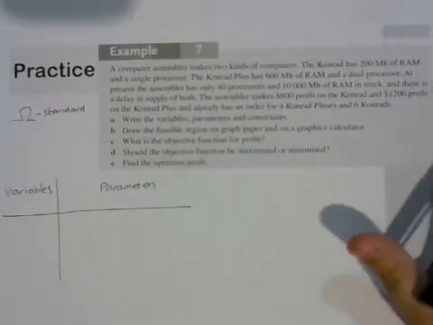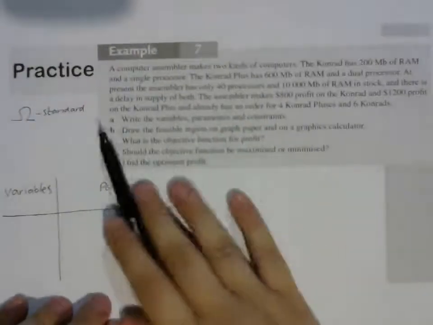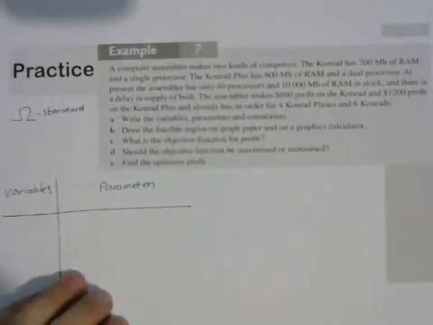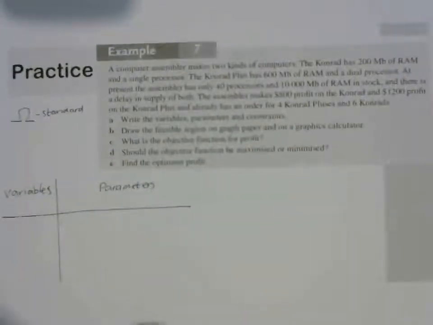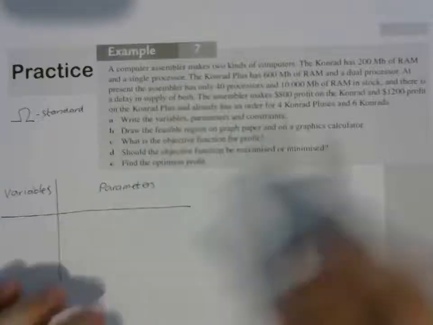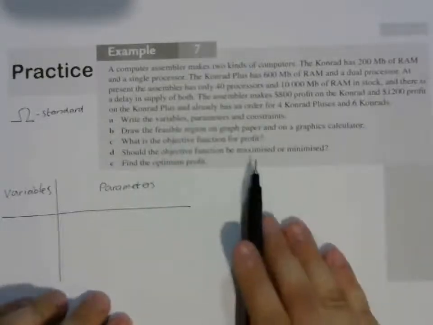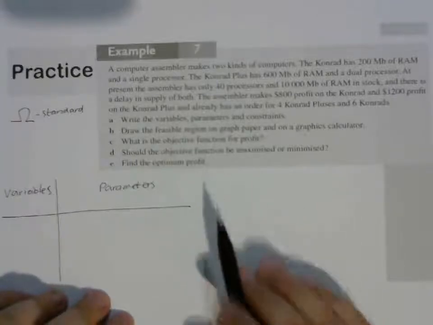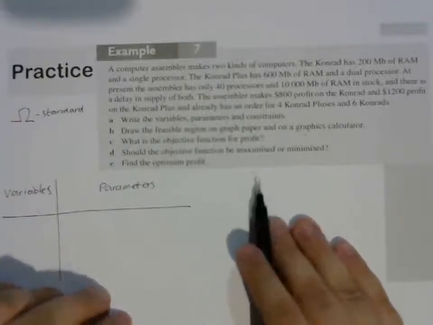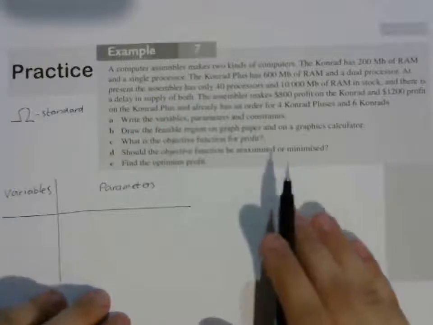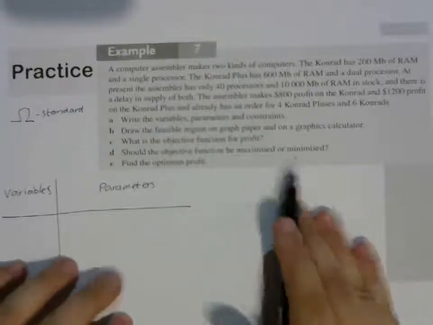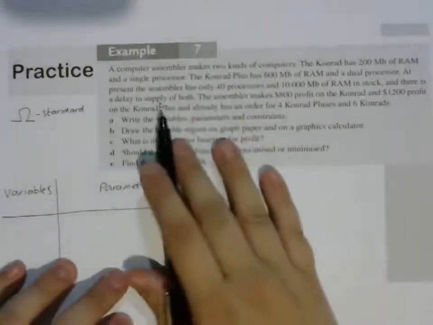Okay, here's the question. A computer assembler makes two kinds of computers. The Conrad has 200 megabytes of RAM and a single processor. The Conrad Plus has 600 megabytes of RAM and a dual processor. That means it has two processors. At present, the assembler has only 40 processors and 10,000 megabytes of RAM in stock, and there's a delay in supply of both, so we're not going to get any more anytime soon.